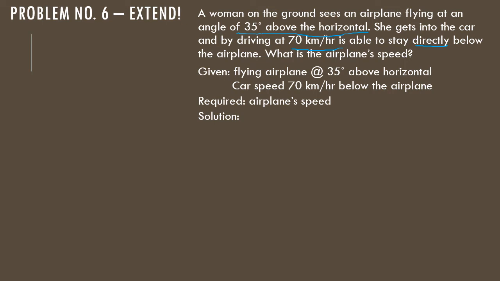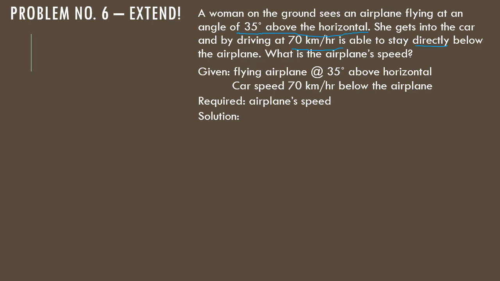So, nung nag-drive na daw siya at nagpatakbo ng 70 km per hour ay nasasabayan niya yung airplane. Hindi siya naiiwan. So, ano daw yung airplane speed? No, yung gagamitin natin ay yung speed ng car as reference.